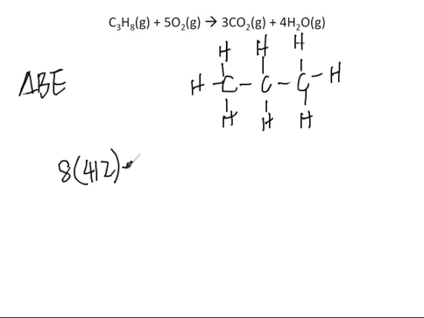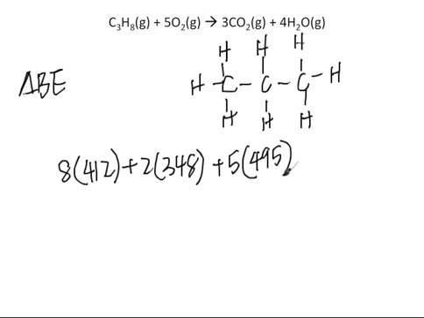We're going to be breaking 2 CC bonds, right? 2 CC bonds. We're going to be breaking 5 O double bonds. We're going to be breaking 6 C double bond to an O bond.